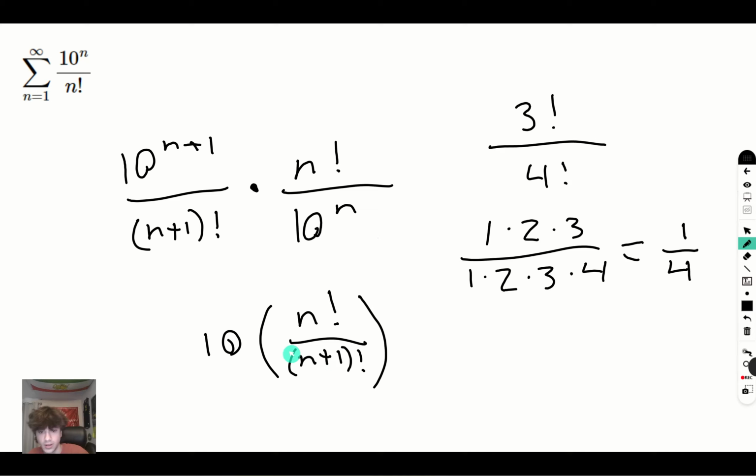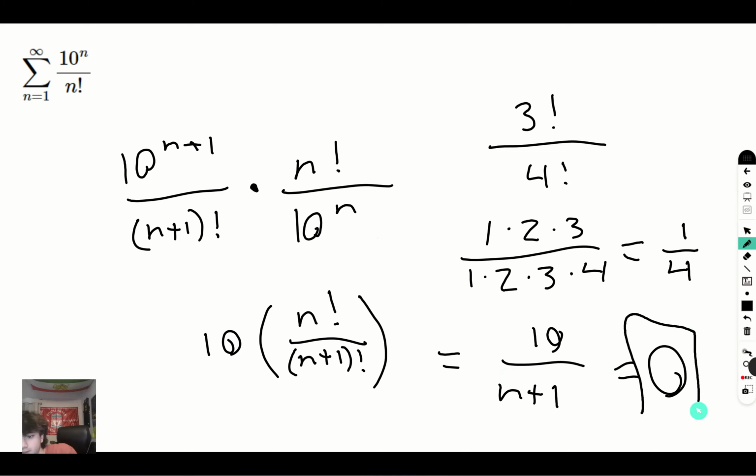So this whole thing becomes 1 over n plus 1, multiplied by 10 becomes 10 over n plus 1. And as n goes to infinity, we get 10 divided by infinity plus 1, which is just going to be 0. So this summation converges to 0.